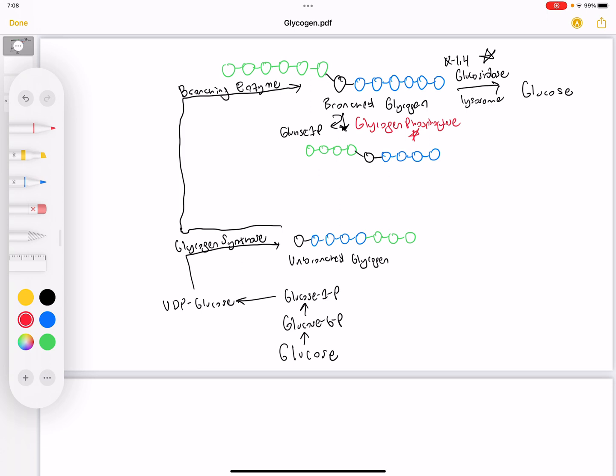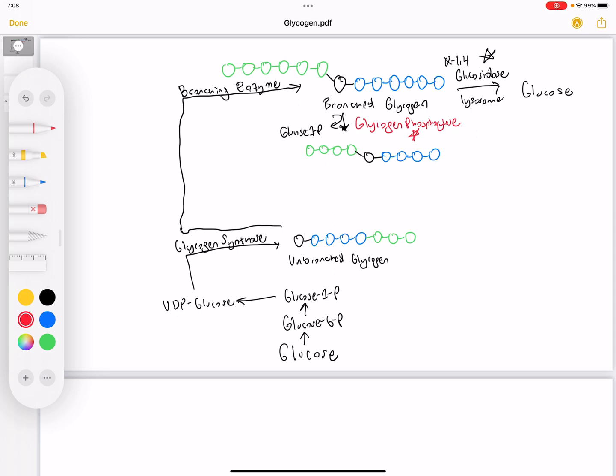As a result, we'll have less ATP, and if there is less ATP, then when someone is exercising, they might have an increase in muscle cramps. They can have an increase in the incidence of rhabdomyolysis. They can also experience muscle weakness as well as exercise intolerance.